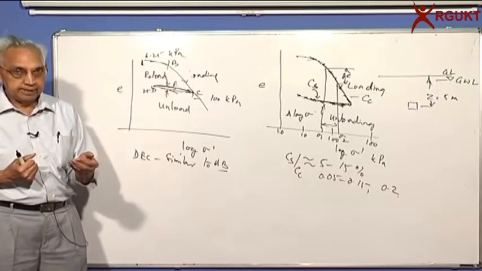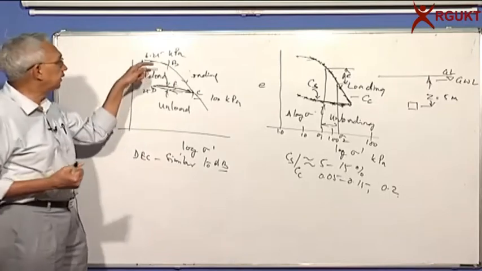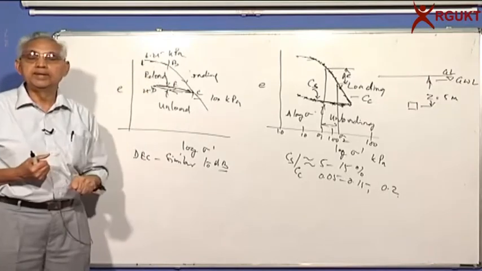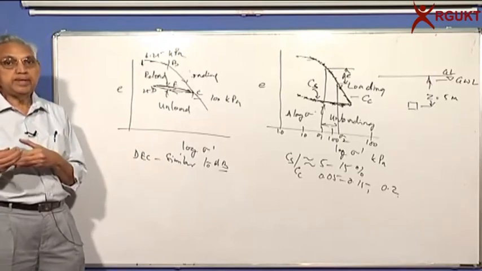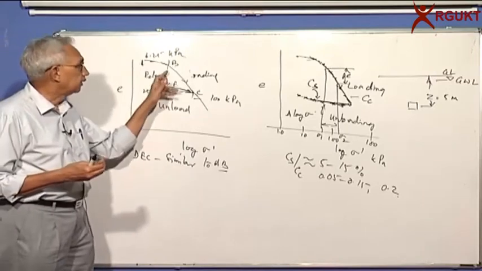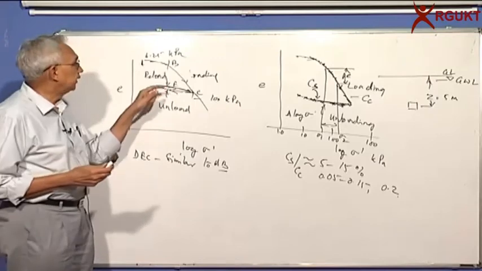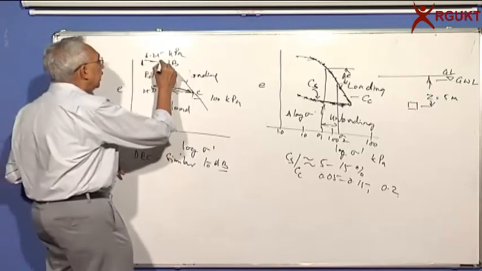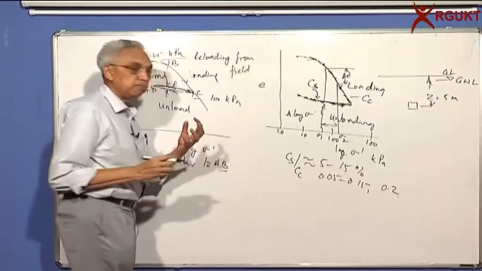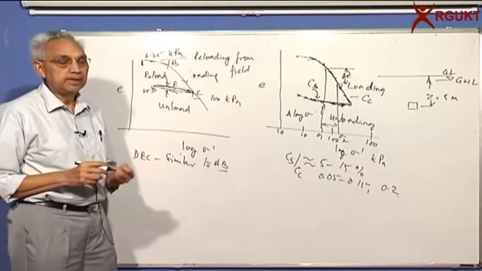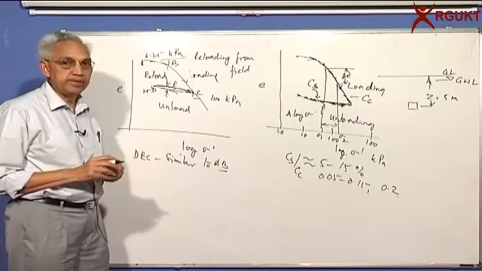After that you have reloaded. So this reloading and this reloading seem to be very, very similar, and that could be the reason why the curves are similar. So this reloading is same as this reloading from field. Sample in the field had some stress which got relieved and it got reloaded.